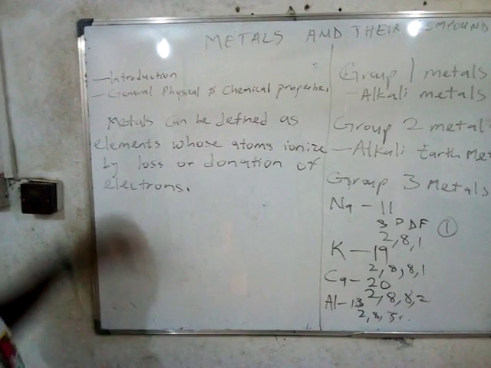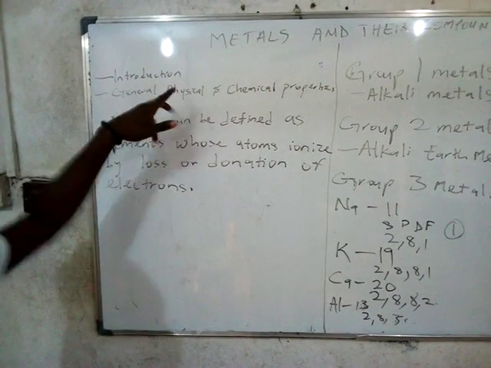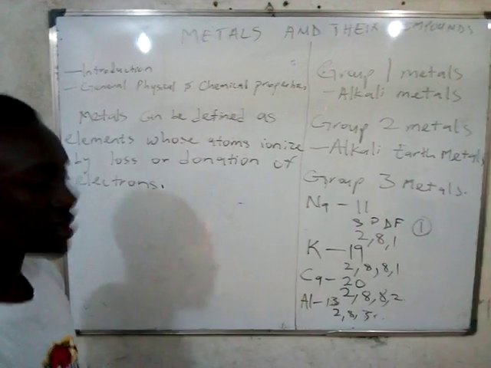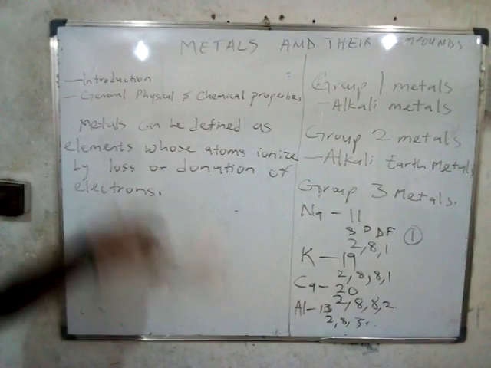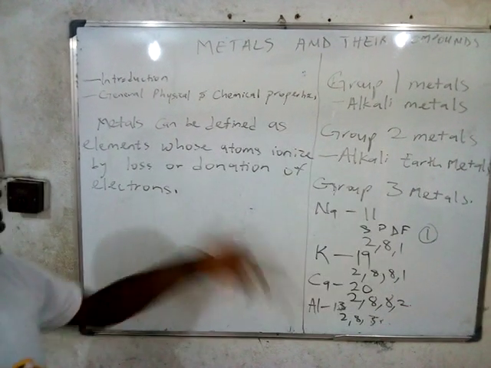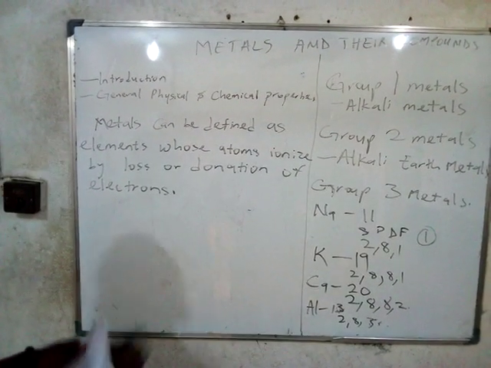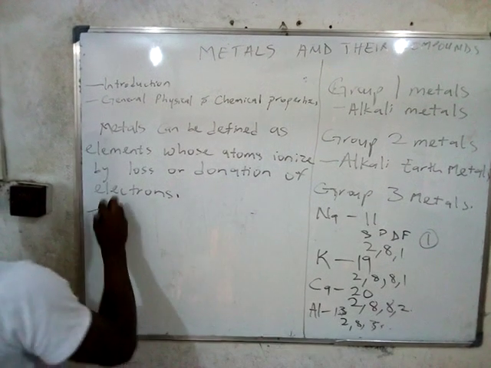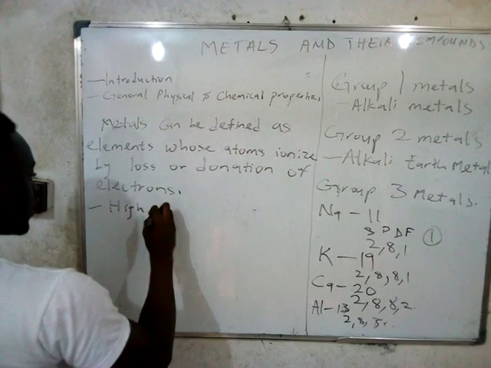Next, we're going to be looking at the general physical and chemical properties of the metals. Generally, there are certain properties that are characteristic of all the metals. Some of these properties include high melting and boiling points.